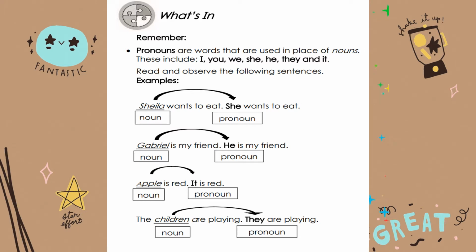Number 3, apple is red. It is red. Apple is a noun. It is a pronoun referring to the apple. Number 4, the children are playing. They are playing. Children is the noun and they is the pronoun, referring to the noun children.